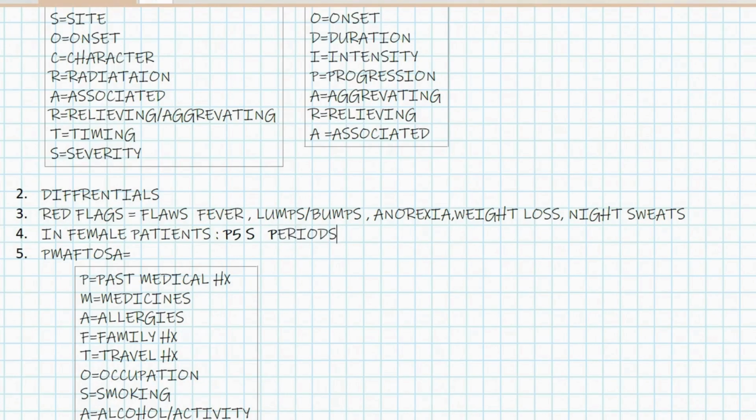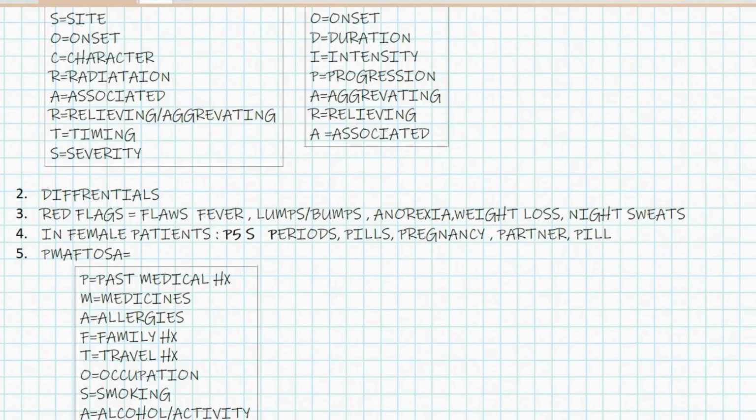So what are the 5 P's? Periods, pills, do you have any contraceptive pills? Then you have to ask about pregnancy. Is there any chance you could be pregnant? Ask about partner. Are you in a relationship? Any new partner recently?